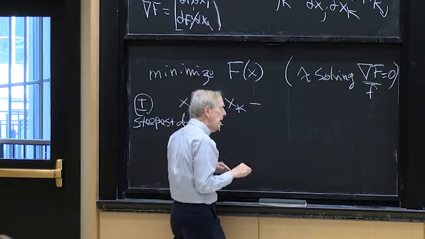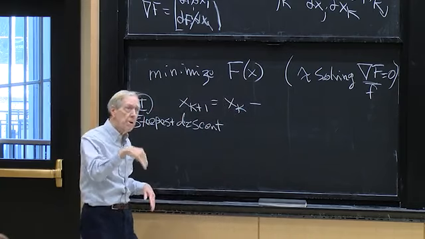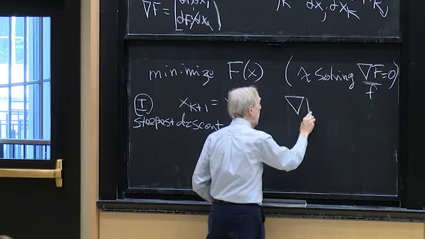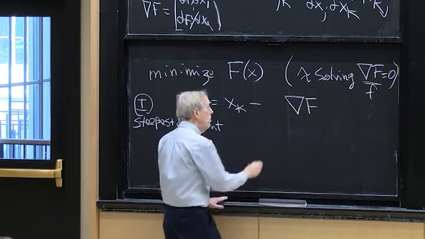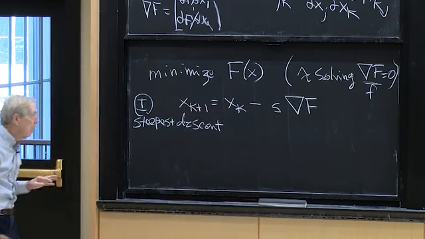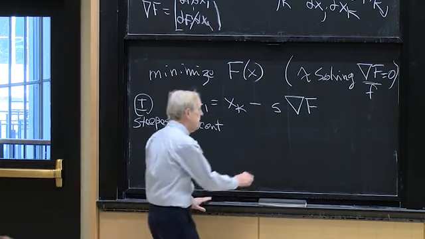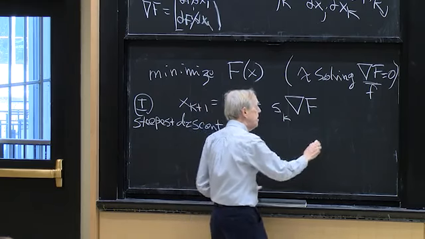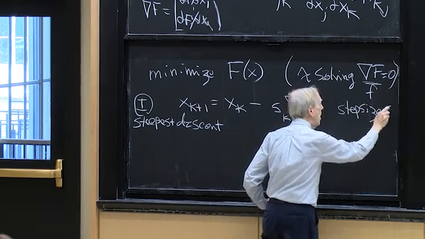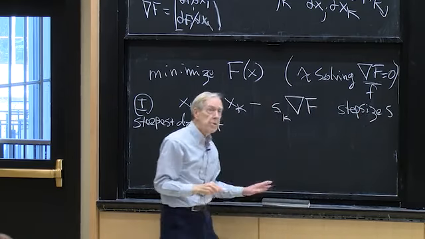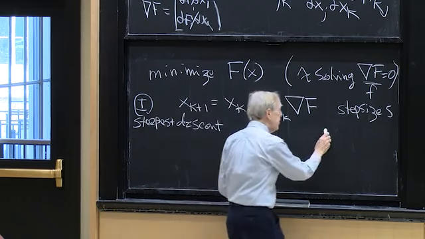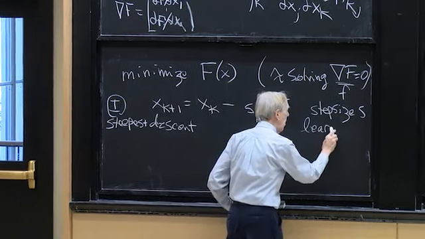Steepest descent means that I move in the steepest direction, which is the direction of the gradient of f. I move some distance, and I better have freedom to decide what that distance should be. So this is a step size S, or in the language of deep learning, it's often called the learning rate.